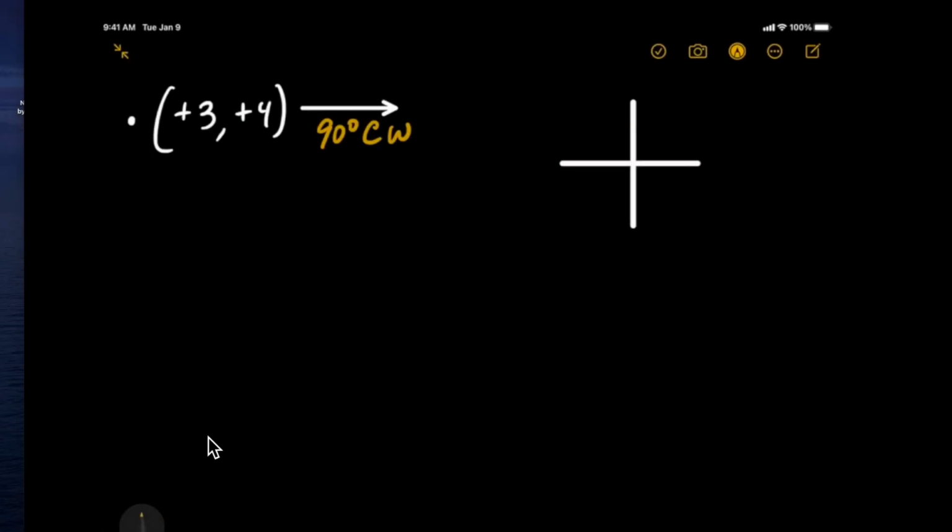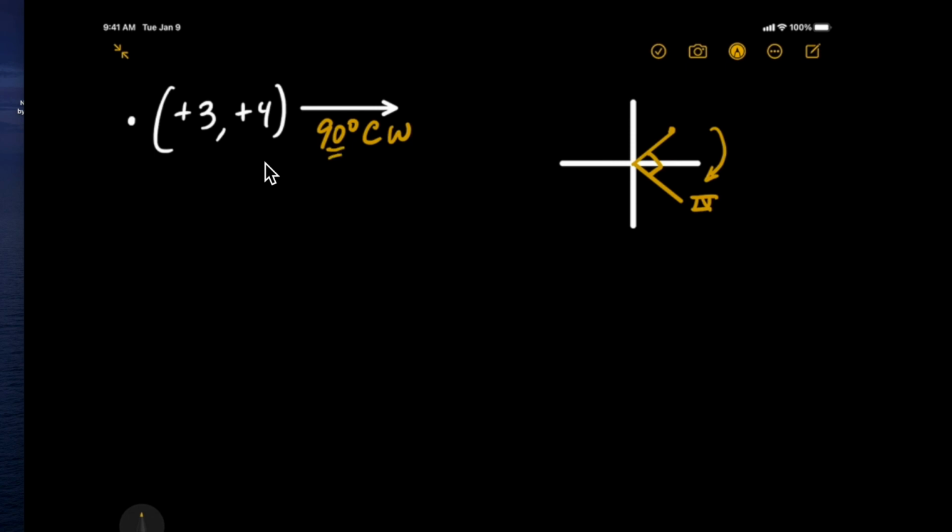Let's end with a few examples, and we're going to go through these quickly. We have a point positive 3, positive 4, that puts us in this area. A 90 degrees clockwise rotation. So we're going to connect to the origin. We're going to draw a line that will give us a 90-degree rotation clockwise, and that puts us in quadrant 4.